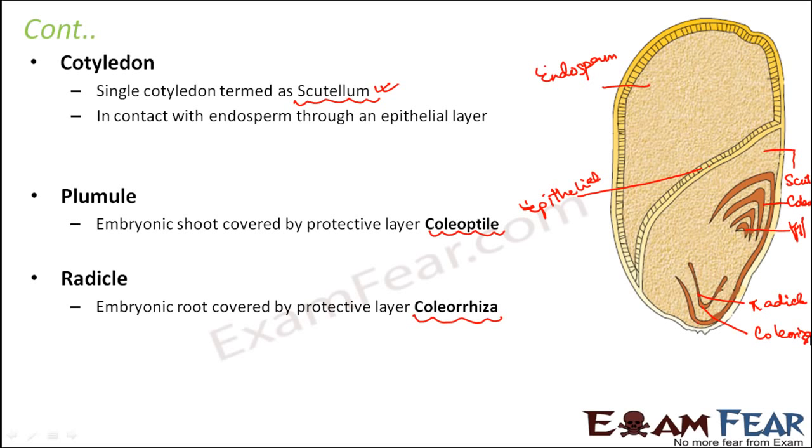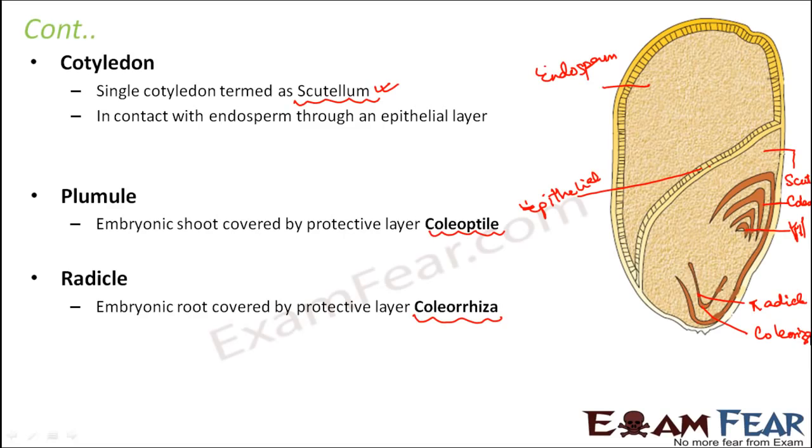Basically, whether it is a dicot seed or a monocot seed, in both cases you have one seed coat. Inside the seed coat you have endosperm, and then the embryo. Inside the embryo you have cotyledon, plumule and radicle. It is just that in a monocot seed, there are some additional protective layers present, like the aleurone layer, the coleoptile for the plumule, and the coleorhiza for the radicle.